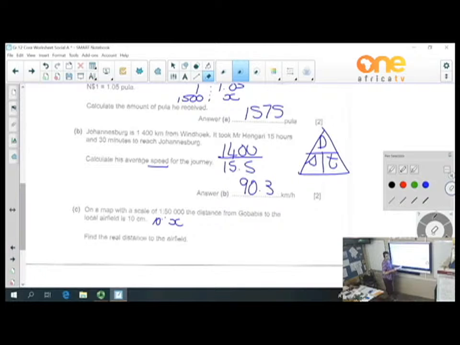Oh, the real distance, so it will probably be in kilometers. So if I multiply 50,000 now by 10, then I get 500,000. But remember, this is now in centimeters. There's 5 zeros in centimeters in a kilometer. Come, Mrs. Geography.